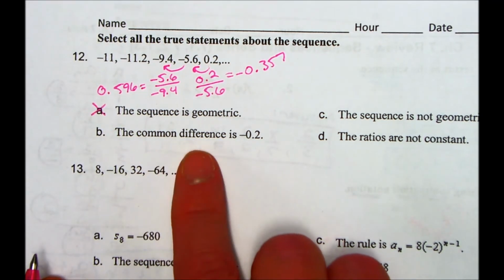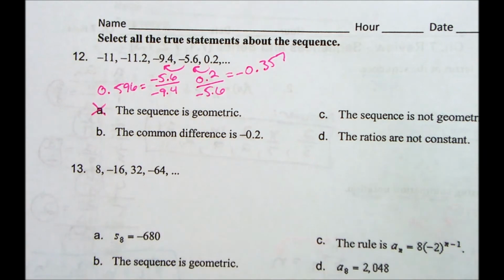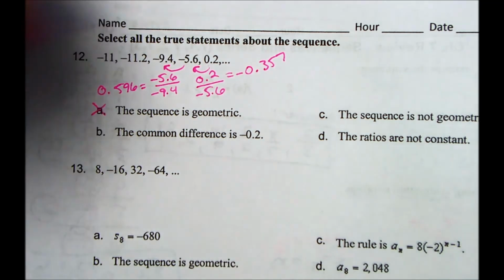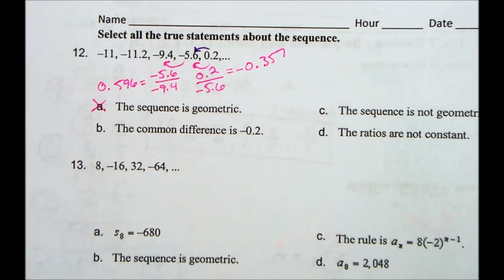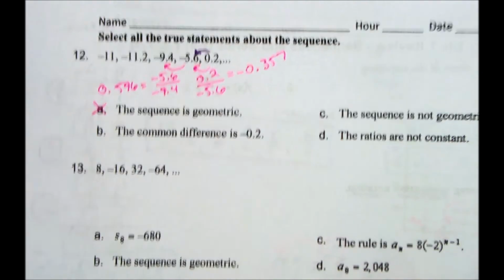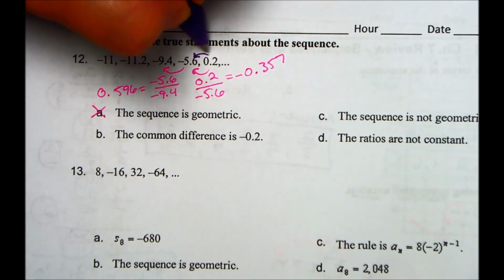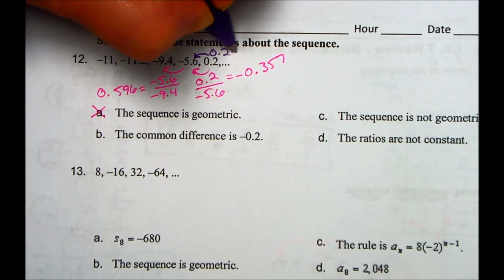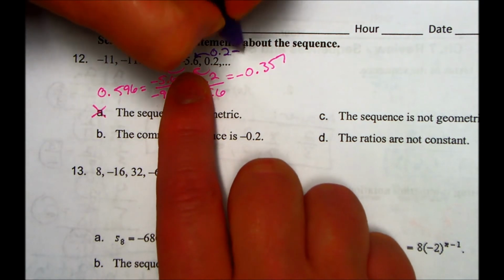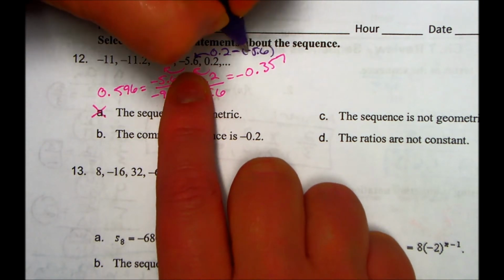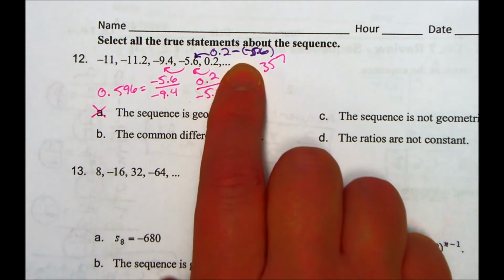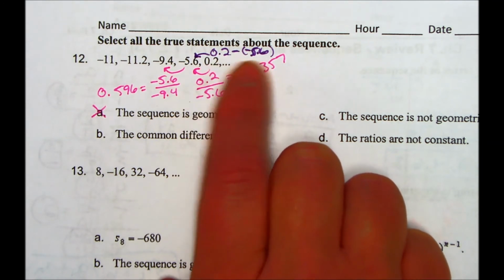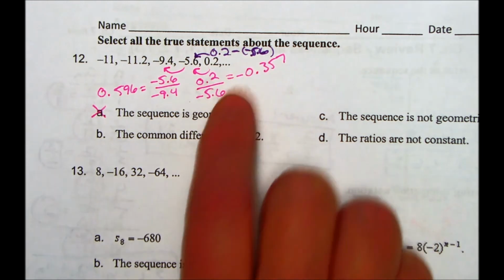Well, is there a common difference? For that, we have to subtract right to left. Since I already used the space to divide, now I'm going to subtract. And again, you can save space by just plugging it in the calculator. So if I take 0.2 minus the negative 5.6, the double negative is going to be positive, and when I add, I get 5.8.